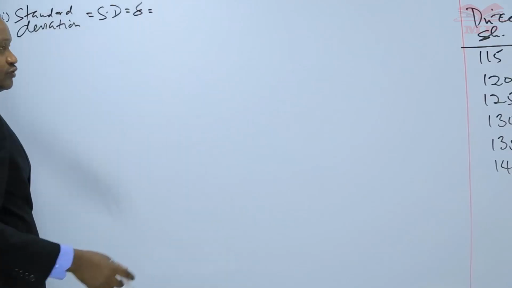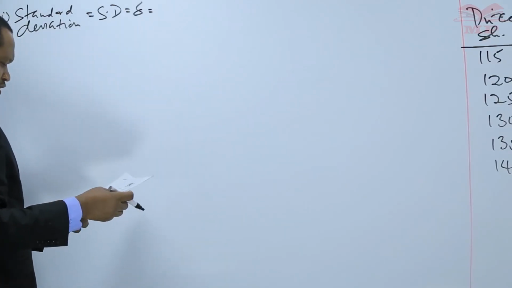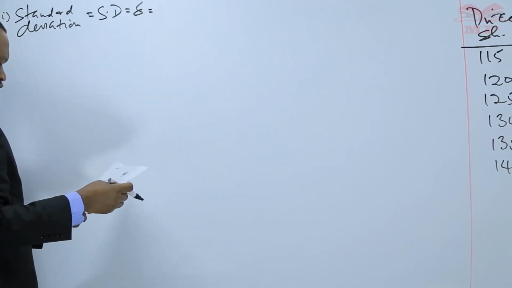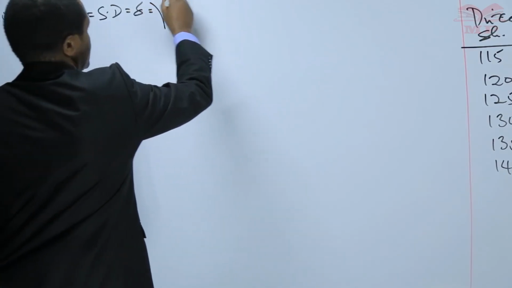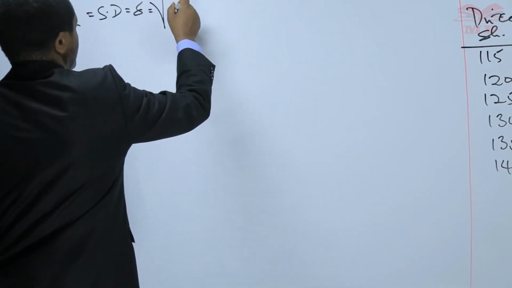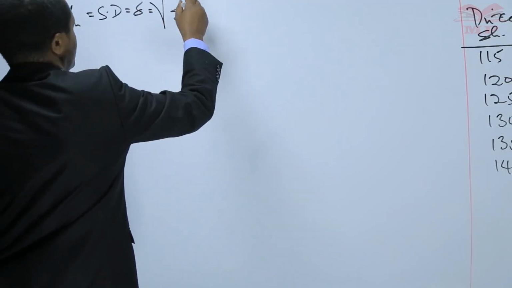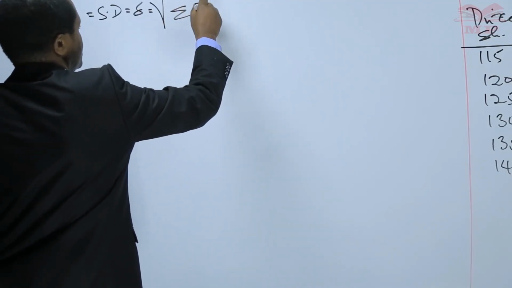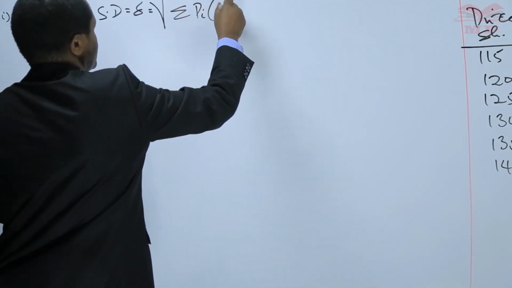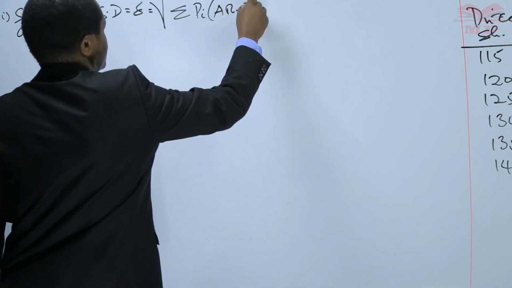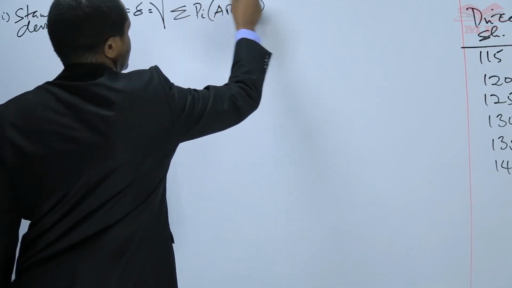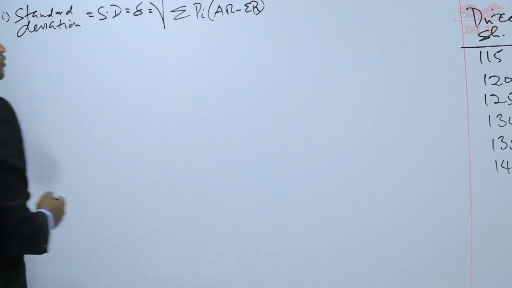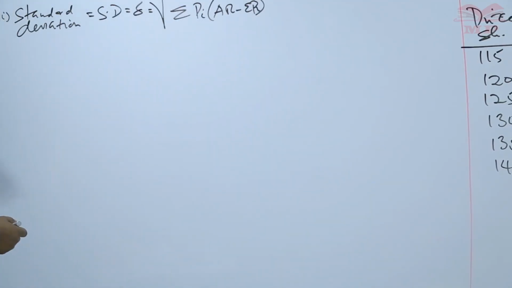The standard deviation of the return will be equal to the square root of the summation of the probability times the actual return minus the expected return squared. So we'll use that formula to calculate the standard deviation.